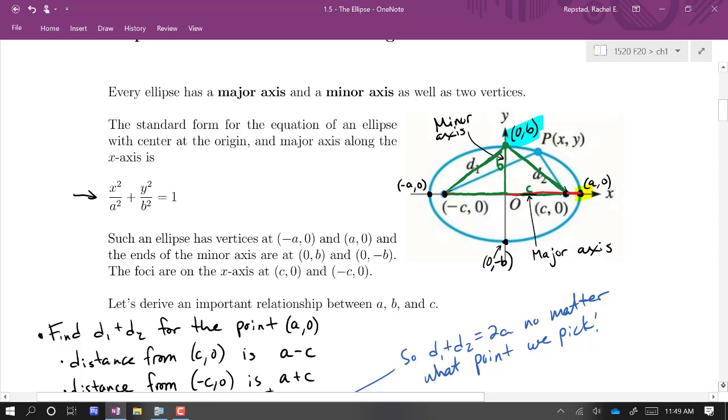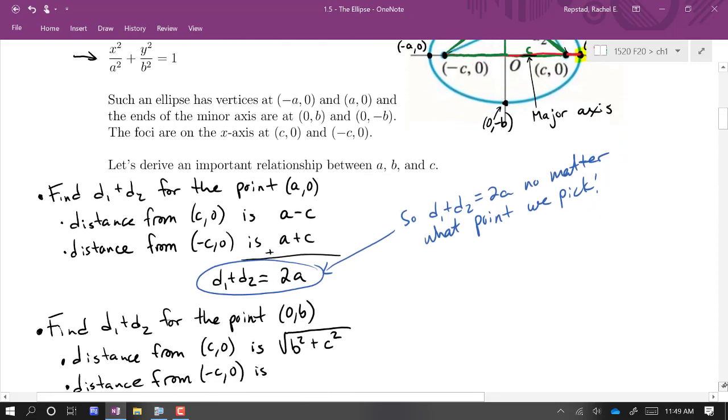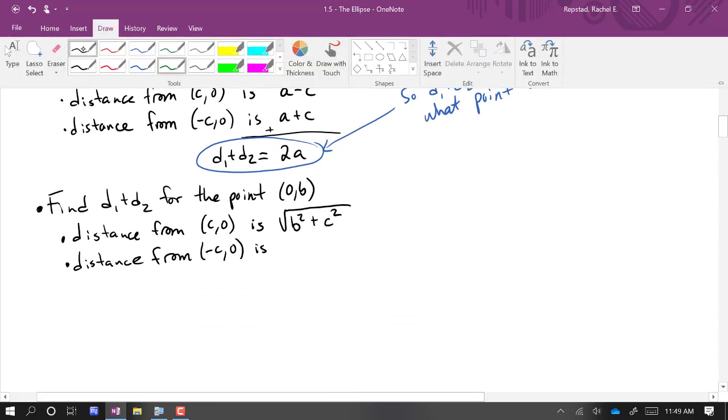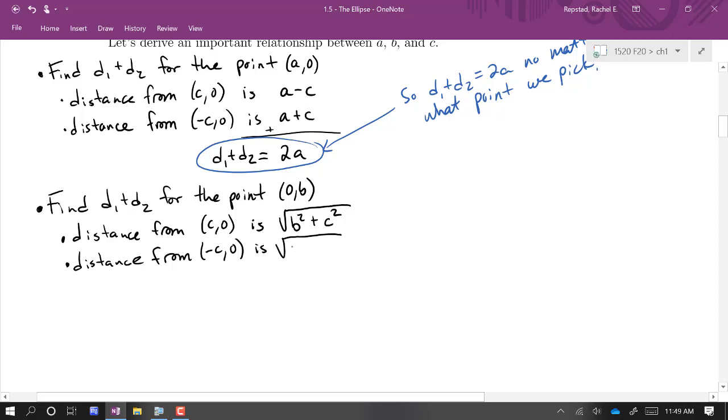That is also the square root of b squared plus c squared. So now if we add these together, we get 2 times the square root of b squared plus c squared for d1 plus d2.